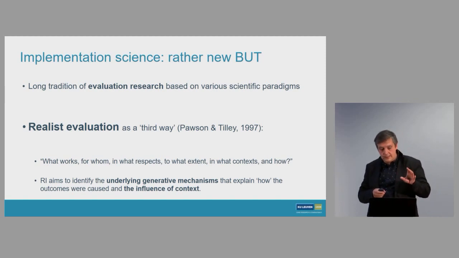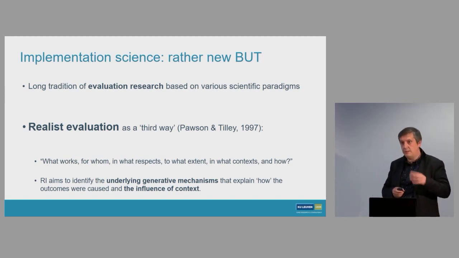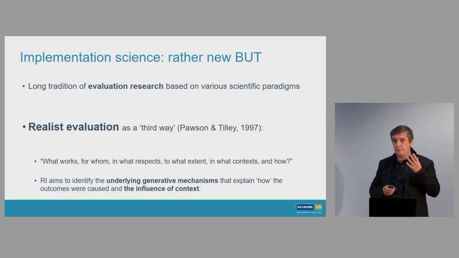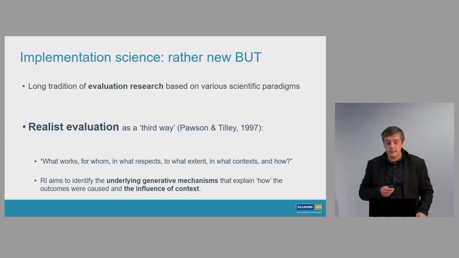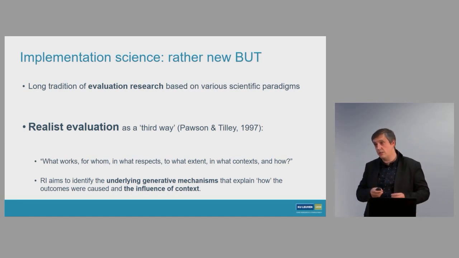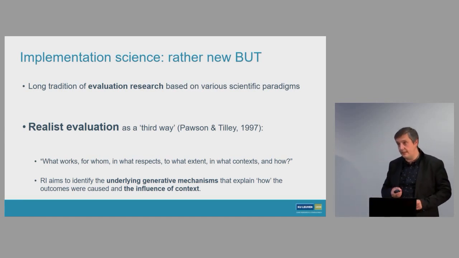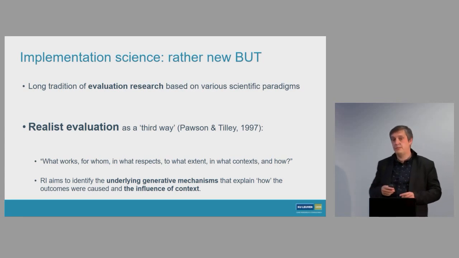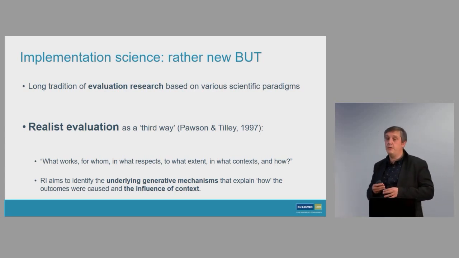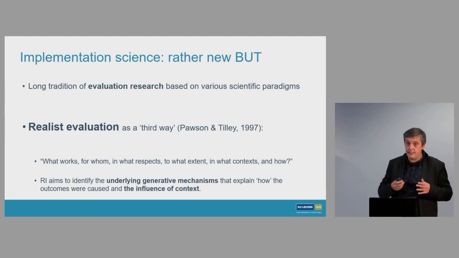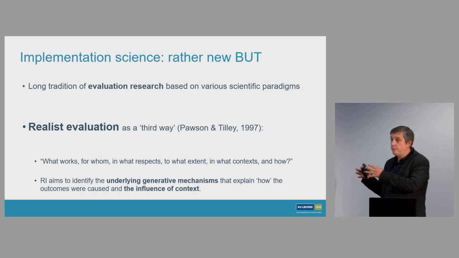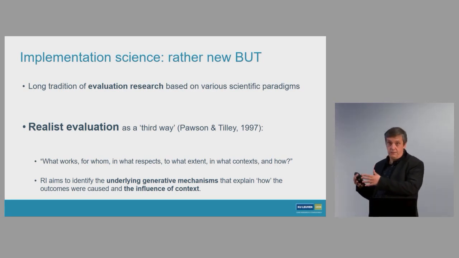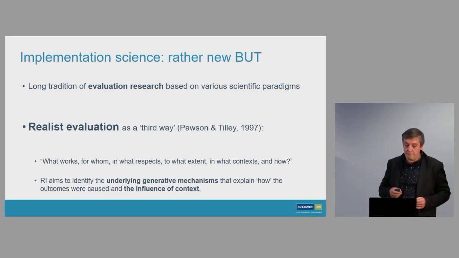Realist evaluation, as I mentioned earlier, focuses on the mechanisms. It's about what makes it work. It's about the theory of change underlying the intervention. And it also focuses on the specific characteristics of context. We know from studies, but we also know from experience, that in some contexts, some organizational contexts, some policy contexts, some programs work better or even don't work compared to other contexts.